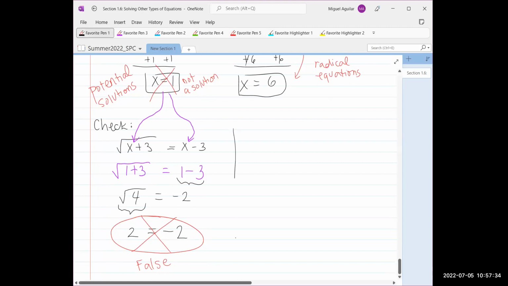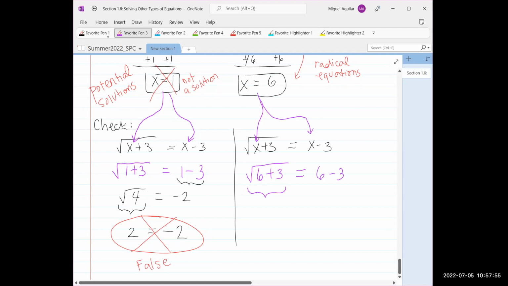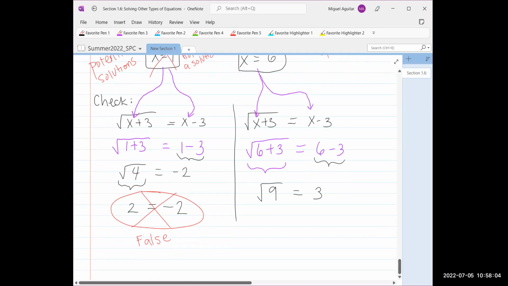So I'm going to set it up the same way. Square root of x plus 3 equal to x minus 3. We'll plug in 6 this time. Square root of 6 plus 3 is equal to 6 minus 3. What is 6 plus 3? 9. So this is the square root of 9 is equal to 6 minus 3, which is 3, right?